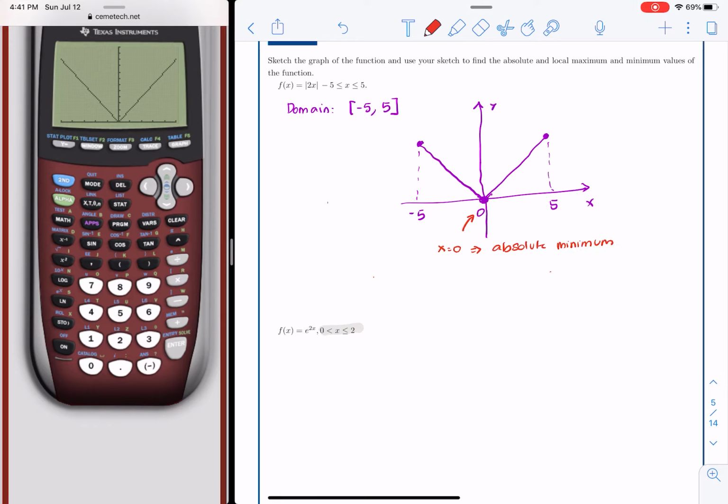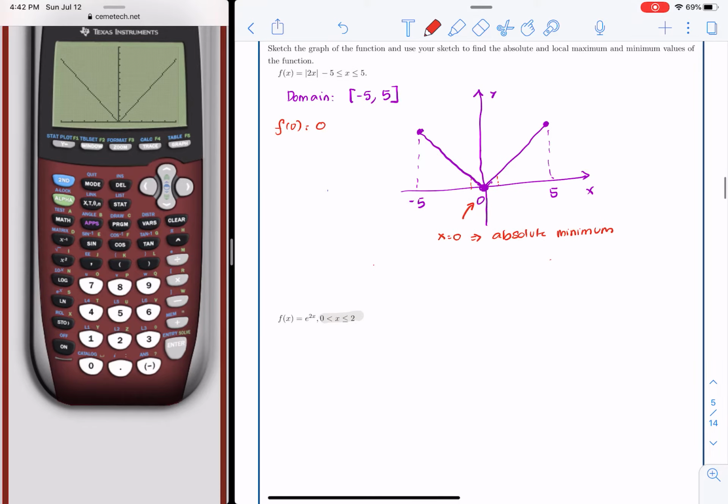Would it correspond to a local minimum? Yes. If I picked a tiny interval about the point 0, the value that I observe at x is equal to 0 is the smallest of all values. So f of 0 is 0, and it is the lowest, so that is also the local minimum.